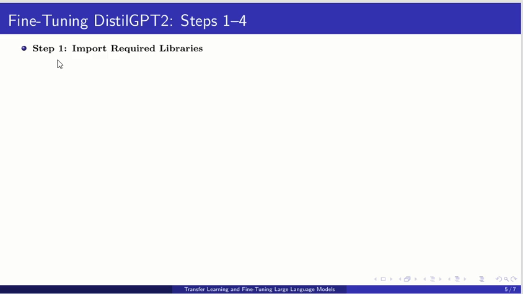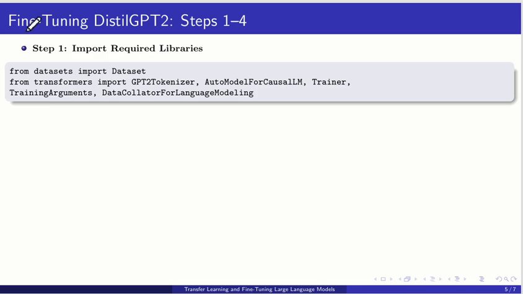So first of all, in step one, import the required libraries. Datasets if you want, otherwise the transformers library from Hugging Face, in which there are a few things: GPT-2 tokenizer, which will break down the text into pieces and make tokens, AutoModelForCausalLM, Trainer, TrainingArguments, and DataCollatorForLanguageModeling.